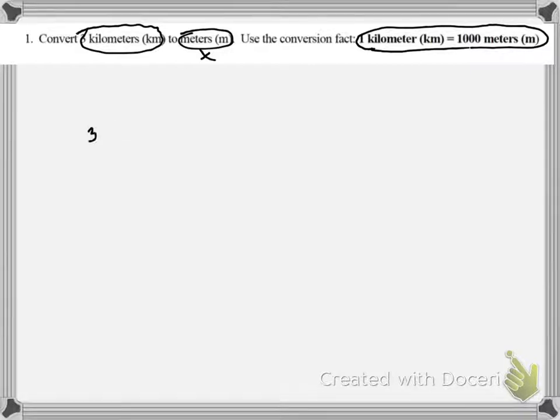So we have 3 kilometers, and we don't know how many meters that is, so we'll just call it X. Remember, the first thing I do is fill in my units on the right, making sure that my kilometers are matching with my other kilometers, and my meters are matching with my meters.